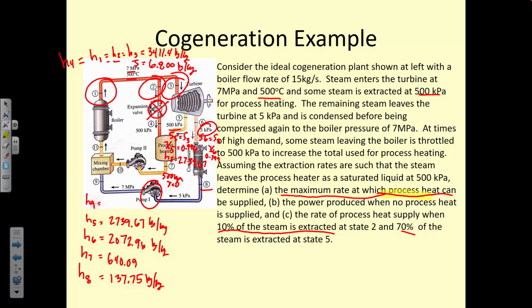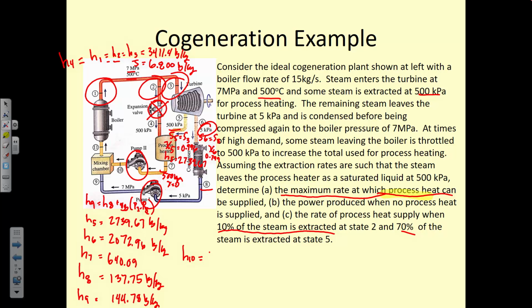H9 is equal to H8 plus V sub 8 times P9 minus P8. So we know P9, we know P8, we looked up H8 already, so we can find H9 pretty easily by calculating it. So it's 144.78 kilojoules per kilogram.